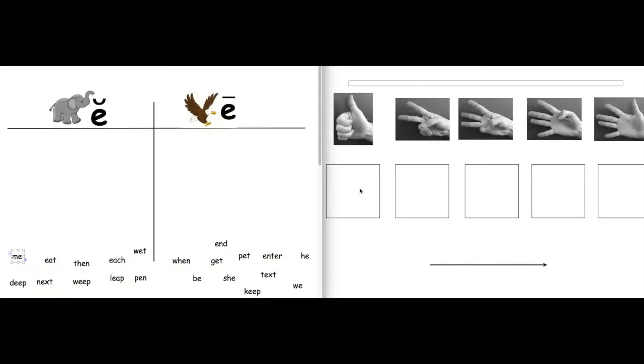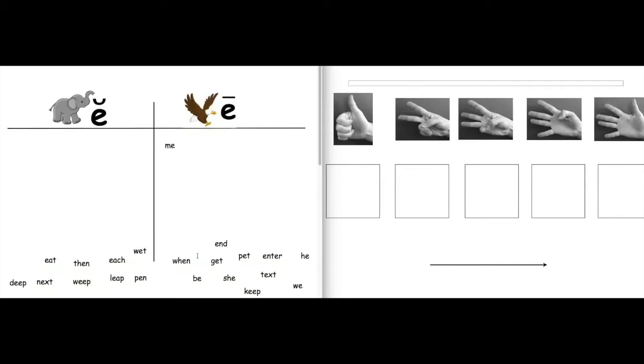Let's make the sounds in me. E. Me. Two sounds. Can you use your hand just like me? Ready? Do it with your hand. E. Me. We know that second sound is a long E sound, so it goes over here by eagle. It has the E sound in the end.